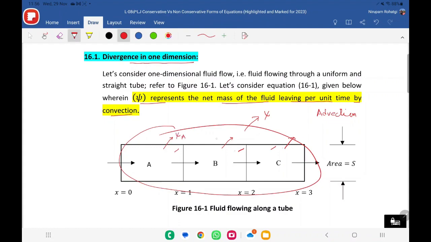So this is psi A, psi B and psi C. So element A is giving out some mass which is psi A, element B is giving out psi B, and similarly element C is giving out psi C. Now if you put all these elements together, the mass which should be going out should be psi A plus psi B plus psi C. Now you will find that in one case it is so and in another case it is not so, and that is why this law of conservation is broken, okay, and that is why one form is called non-conservative form, the other is called conservative form.